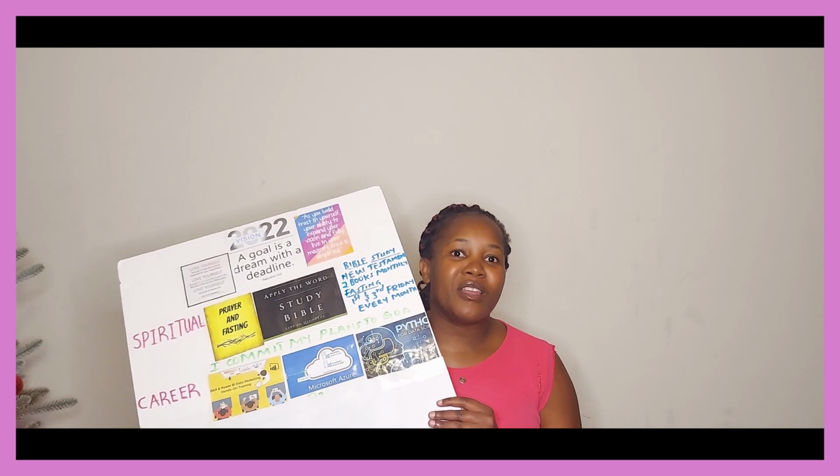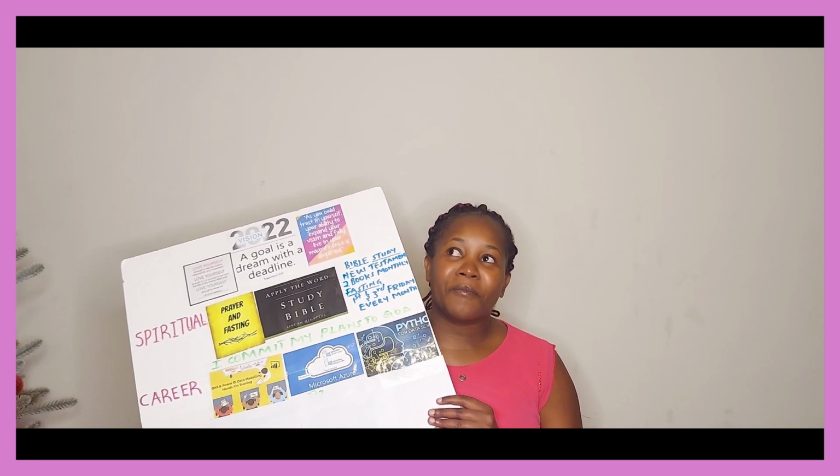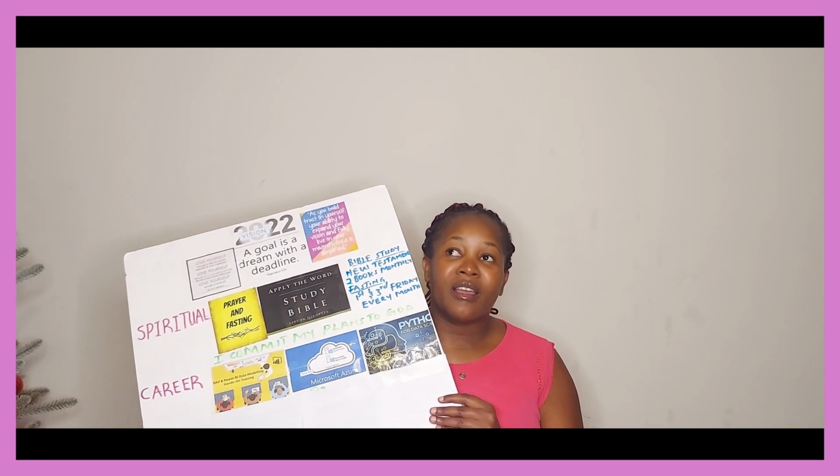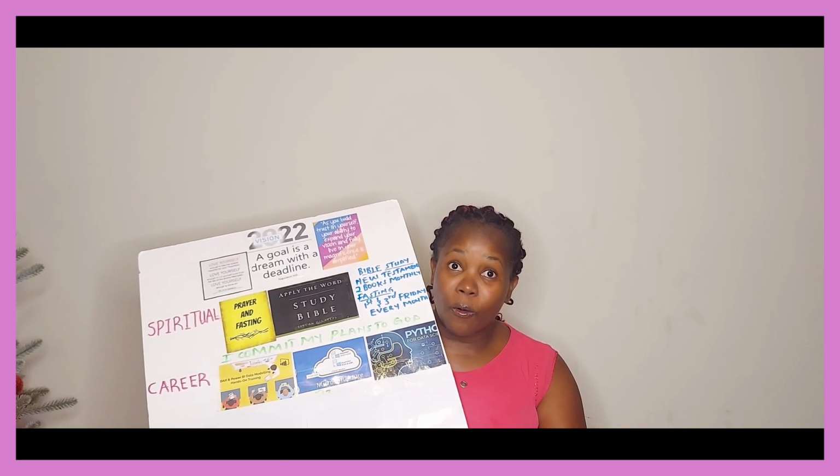And with me, as you can see, I have my vision board that I'll be taking you through as I tell you the most important things that you should consider when you're making your vision board so that you can effectively achieve your goals. I will start with the major things that you should include in your vision board.